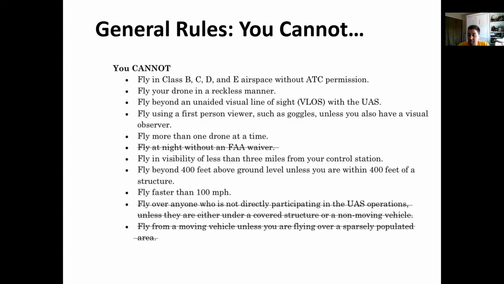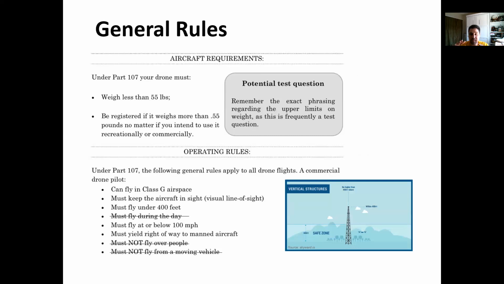Okay. Fly beyond 400 feet above ground level unless you are within 400 feet of a structure. So that's an interesting one. There's this kind of gray area there, I guess, in my opinion. But yeah, so say there's a structure, and I went back to this slide because I have a little picture of it here. We have 400 feet, and then here's a very tall structure.